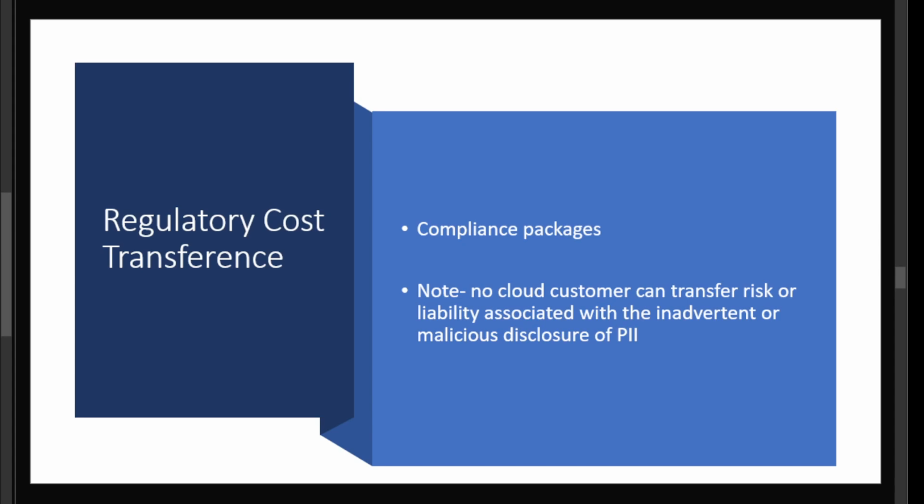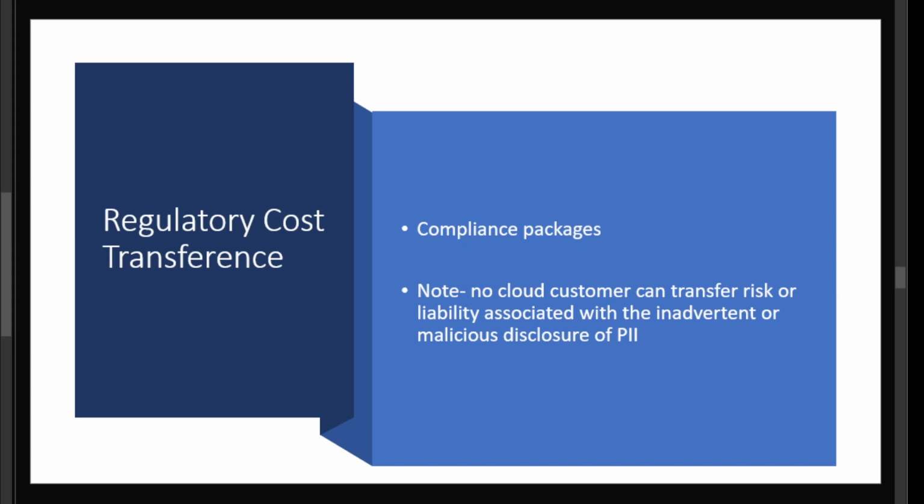Regulatory cost transference. This is where several cloud service brokers or cloud service providers will have compliance packages, and these will be set up strictly for certain compliance rules, such as GDPR or PCI for the U.S. regulations. They will have packages that are pre-configured to handle compliance.